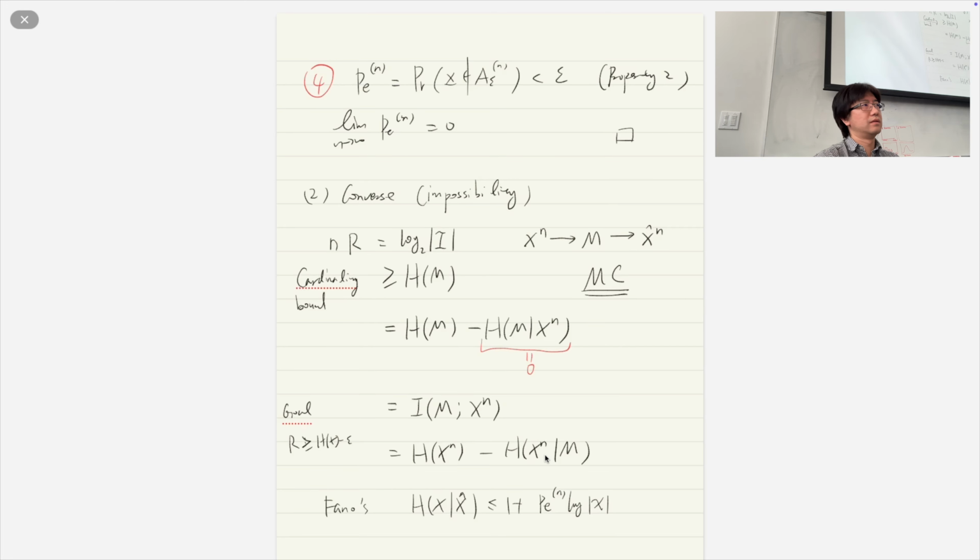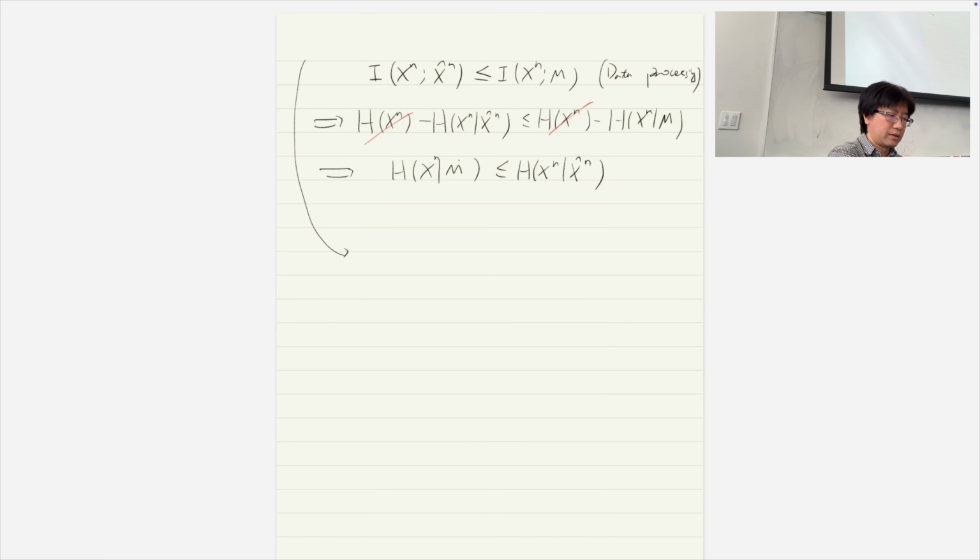That's what we want. So this will become here, bigger than or equal to, right? Because we have our upper bound on that, we replace that here, then we have a lower bound. Is that clear?